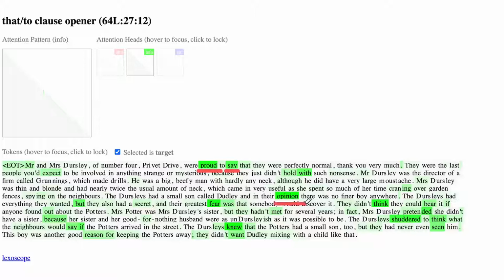It might be your "opinion that." You might "fear that." You might "know that." You might "want that." You might "reason that," or you might have "reason to." You might "shudder to." You might "think that." You might have "seen that." You might "pretend that."